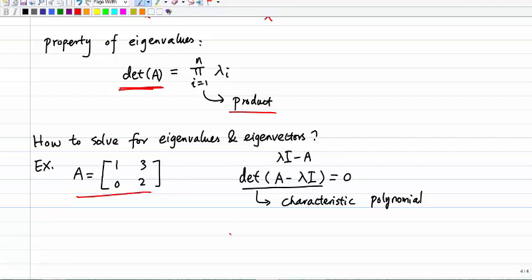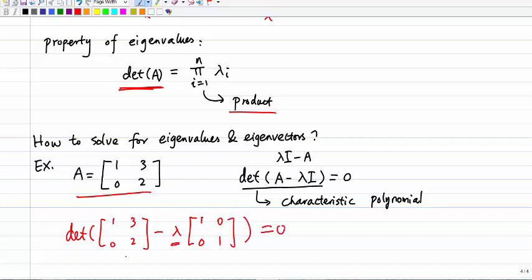For example, A is [1 3; 0 2] minus lambda times the identity matrix [1 0; 0 1]. I don't know what lambda is, that's why I have to solve for it. You set it to be 0 and find what lambda satisfies this.